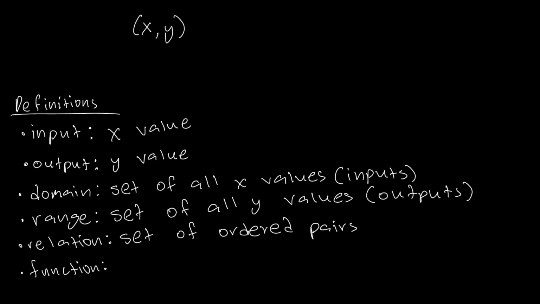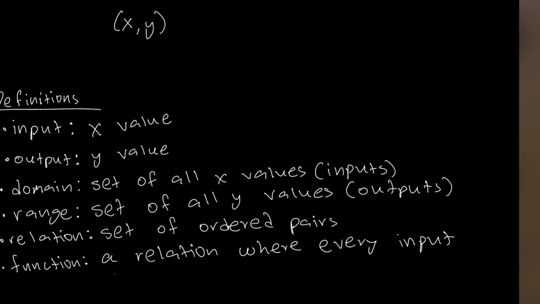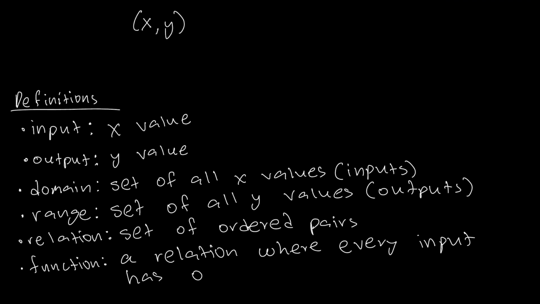A function is essentially a special type of relation. So a function is a relation, and here's the distinction, where every input has only one output.